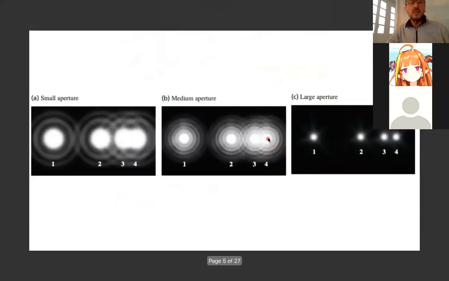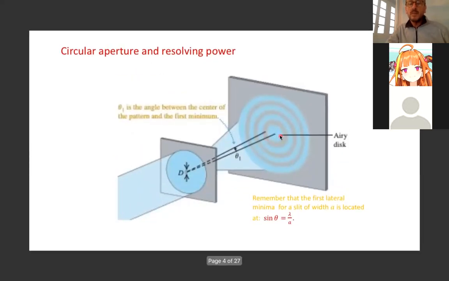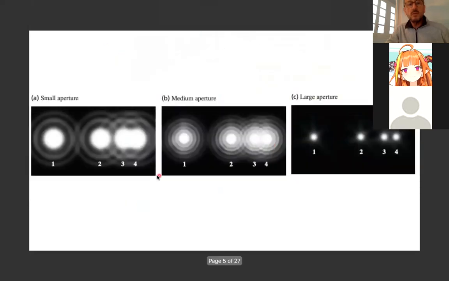Okay, so depending on the size, if we have several objects, as I'm going to show in the next transparency, and we have apertures of different sizes, the effect of the diffraction will be different. And this is what I'm showing here.